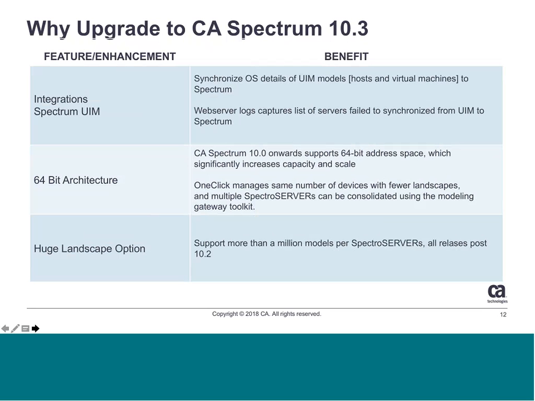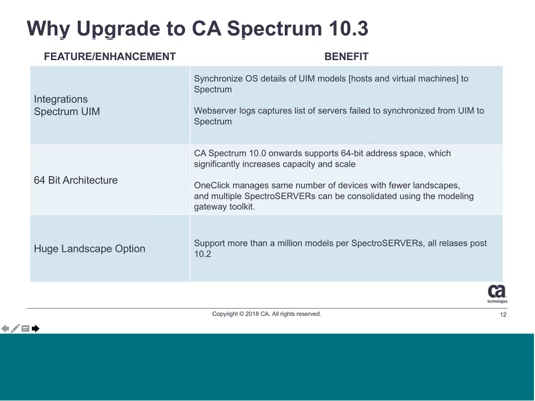But if we talk about the 64-bit architecture, from 10.0 onwards, we actually moved into support for a 64-bit address space. That added a significant increase in our capacity and scale. So, again, all the more reason for somebody who is at a sub 10.0 release to upgrade to the latest release of CS Spectrum.